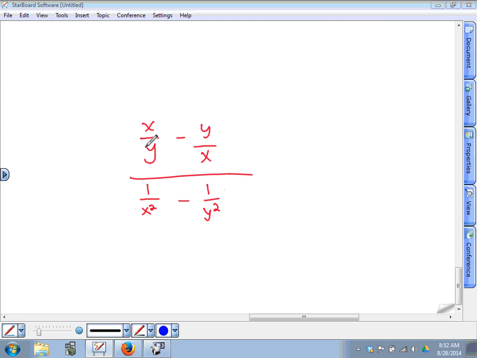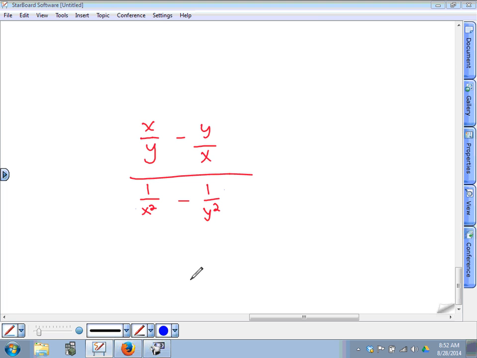So, if every single fraction on here had the exact same denominator, if we were to get them all to have the same denominator, what would the common denominator be? Of all the fractions, x squared y squared, wouldn't it? You guys agree? The common denominator would have to be x squared y squared.